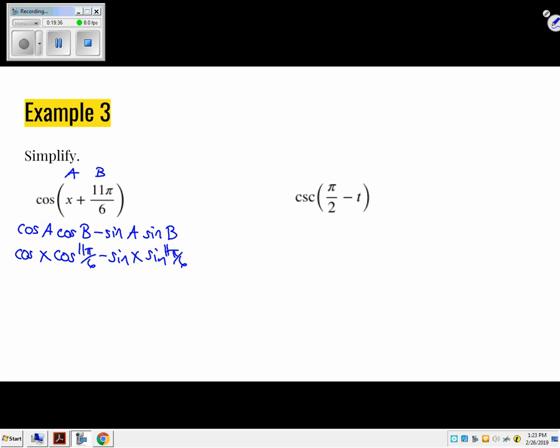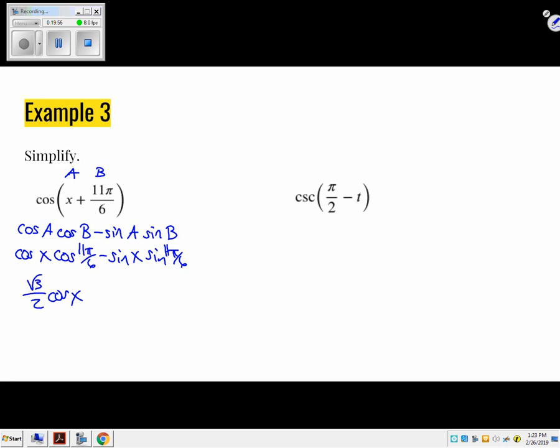What quadrant are we in? We're in the fourth quadrant. So this is just going to be square root of 3 over 2 cosine X. Can't do anything with that cosine X, so I'm going to wait and see if I need this negative right here. Sine of 11 pi over 6: the value is 1/2, positive or negative? It's negative.